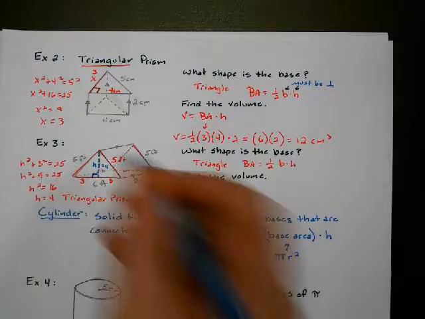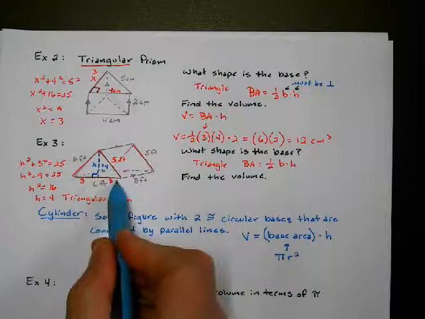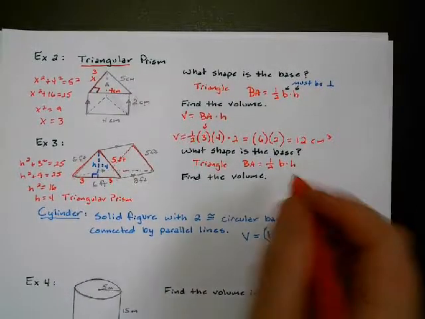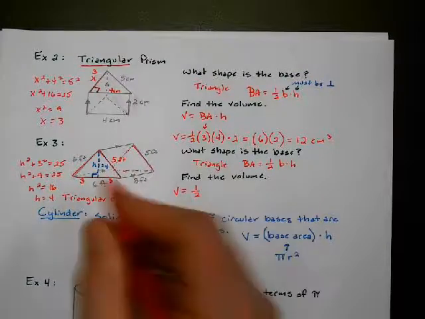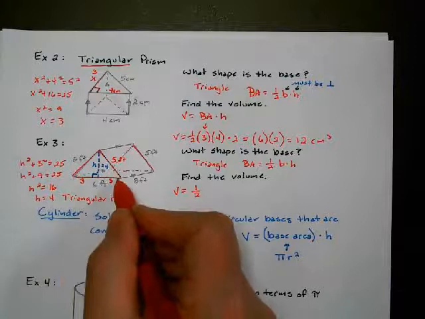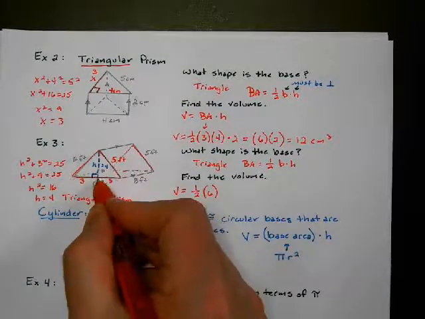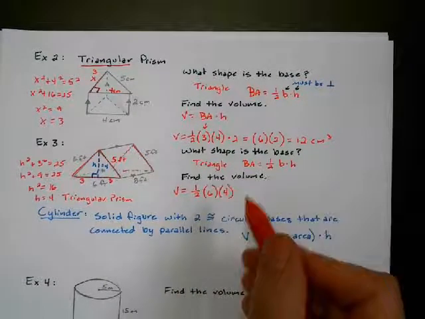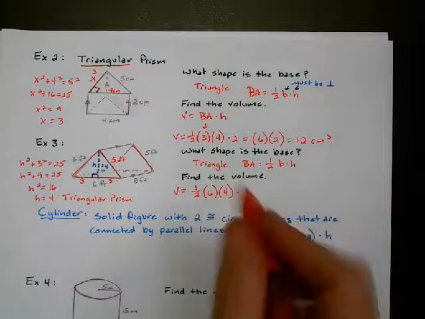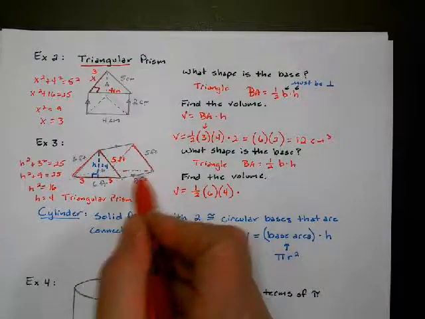My base is 6. So for the base area, for my volume, I do 1/2. The base here is 6. The height here is 4. And then the height of the prism has to be this 8 over here. The height is always these parallel lines.